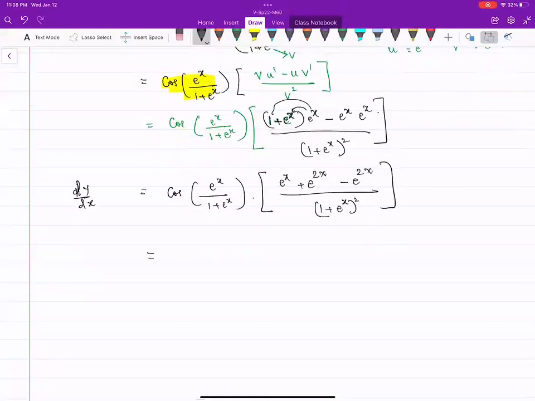We don't want to by mistake combine this expression with the argument of cosine. So we write the expression inside that bracket as a separate expression outside, times cosine of e to the x over 1 plus e to the x. That is dy by dx.